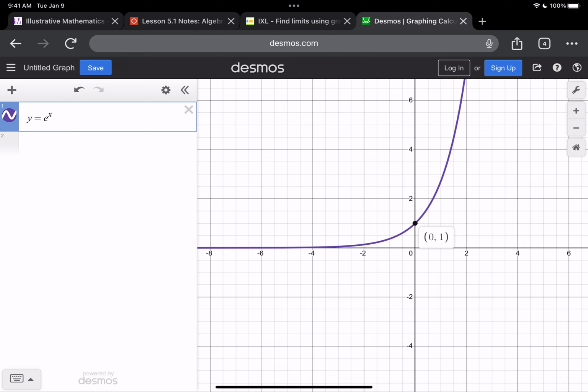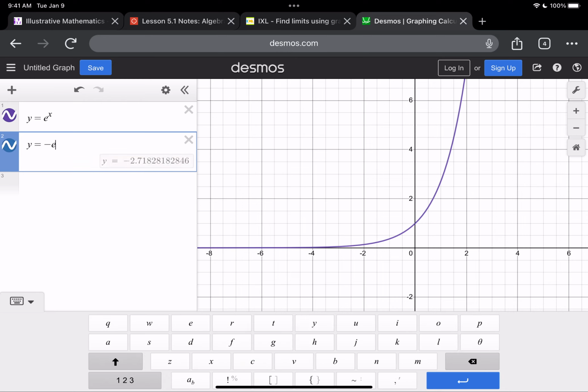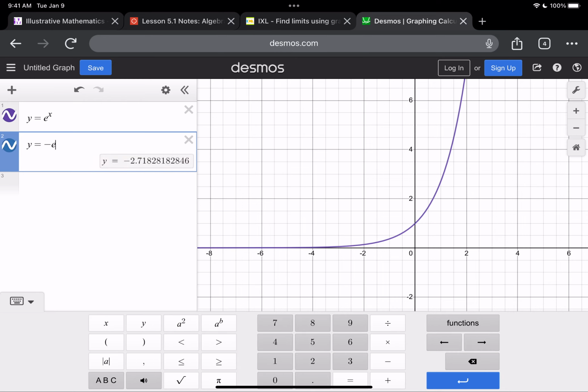Sorry, not my vertex, but my y-intercept. And I want to make the graph shift to the right 2 and then flip over the axis. So my new equation became y equals negative e to the power of x.